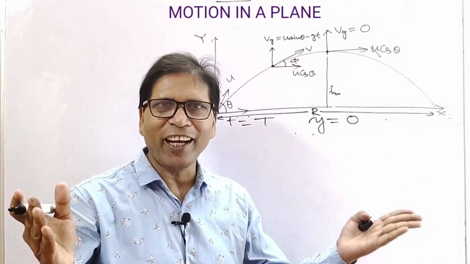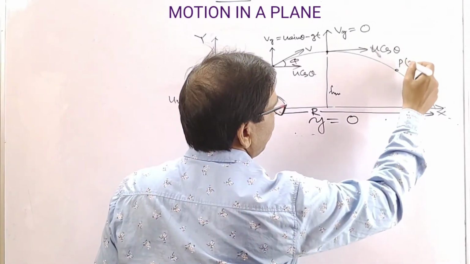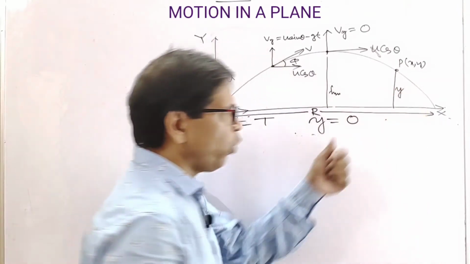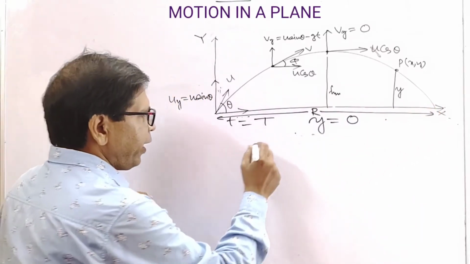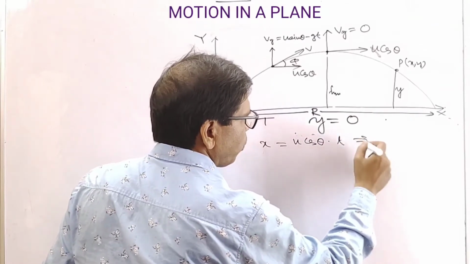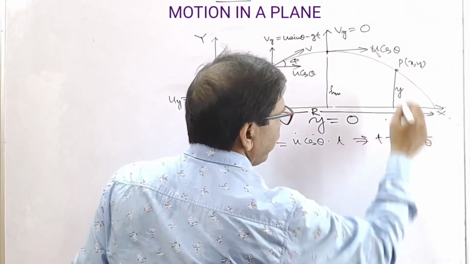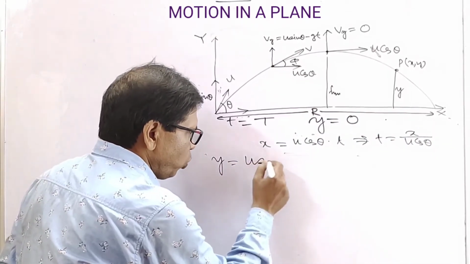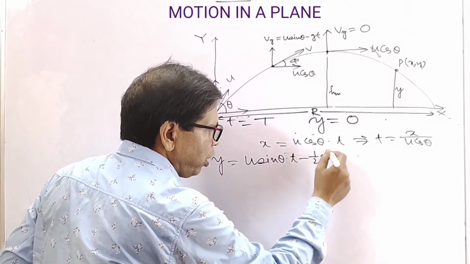Now, equation of trajectory. Suppose a particle reaches the point P(x, y) in time t. The vertical height ascended is y and the horizontal distance is x. So x equals u cos theta into t, therefore t equals x by u cos theta. Now the vertical height ascended by the particle is y equals u sin theta into t minus half g t square.